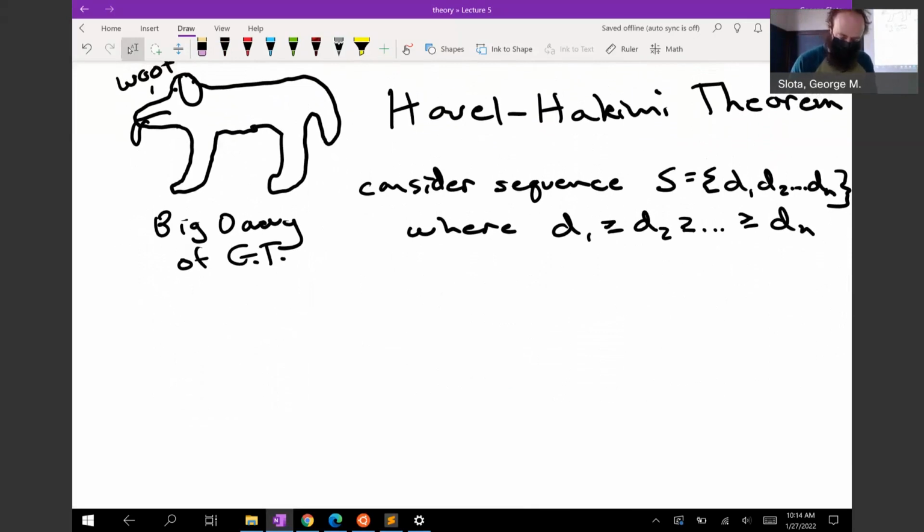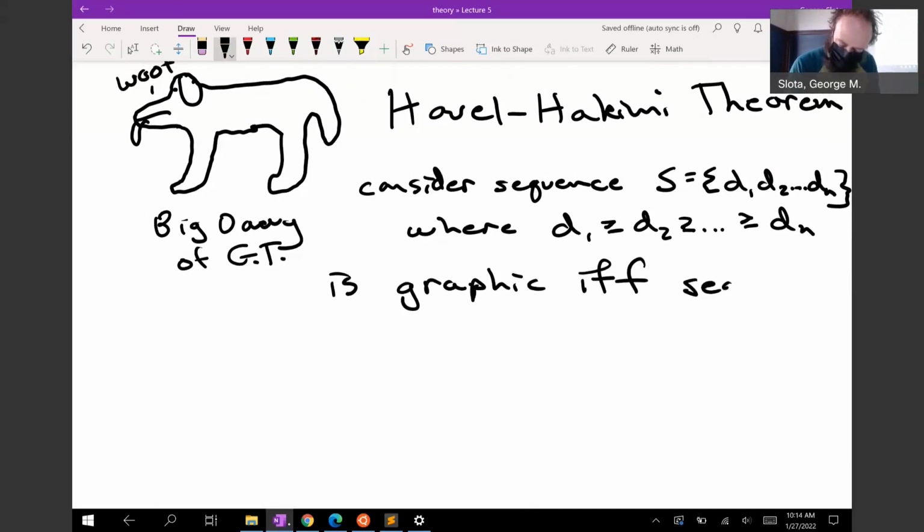Sequence S is graphic if and only if sequence S prime is graphic, where S prime equals D2 minus 1, up to D sub D1 plus 1 minus 1, and so on to D sub n.